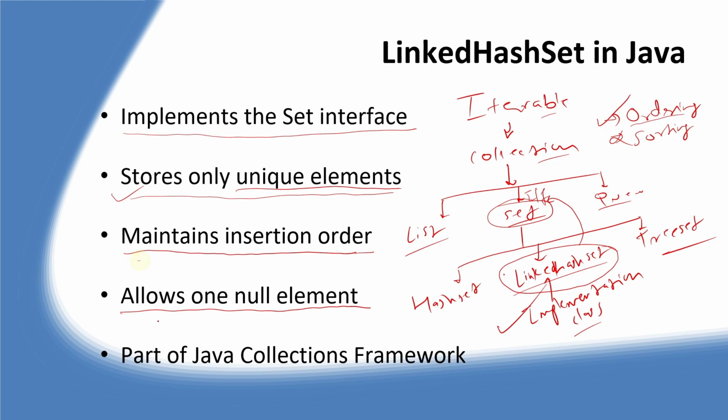It is also a part of the Java Collections Framework. Why are we saying that? Because Map does not belong to this framework and the Collection interface. It has its own hierarchy. So for Set, we say it is a part of the Java Collections Framework. These are the points we need to remember for LinkedHashSet.